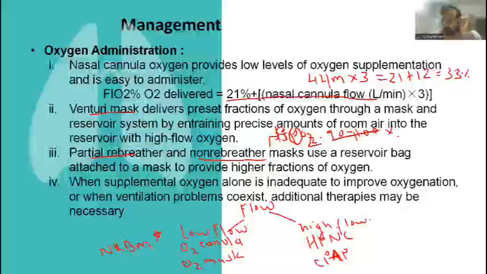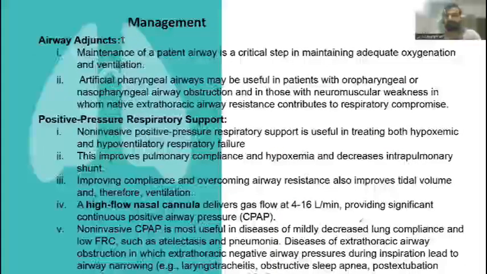If despite giving such low flow and high flow devices, the SpO2 is not improving, then you can give the patient positive pressure ventilation like CPAP or BiPAP. BiPAP stands for bi-level positive airway pressure, and CPAP stands for continuous positive airway pressure. When you give air with pressure, the air exchanges increase. That is the main theorem behind CPAP and BiPAP.